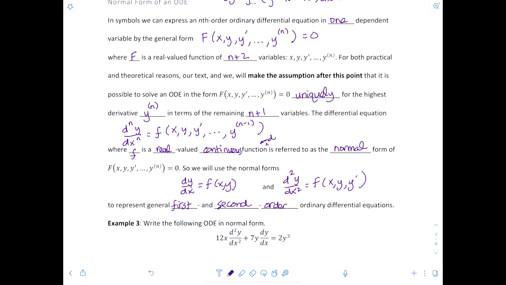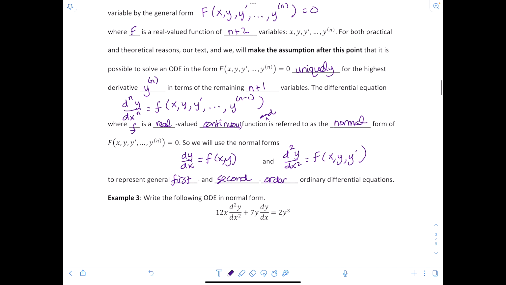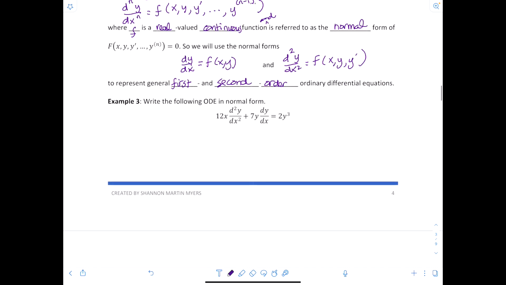ordinary differential equations. So in example 3, let's check this out and write the ordinary differential equation in normal form. So normal form, what do we want to do? We want to find and isolate the highest order derivative.